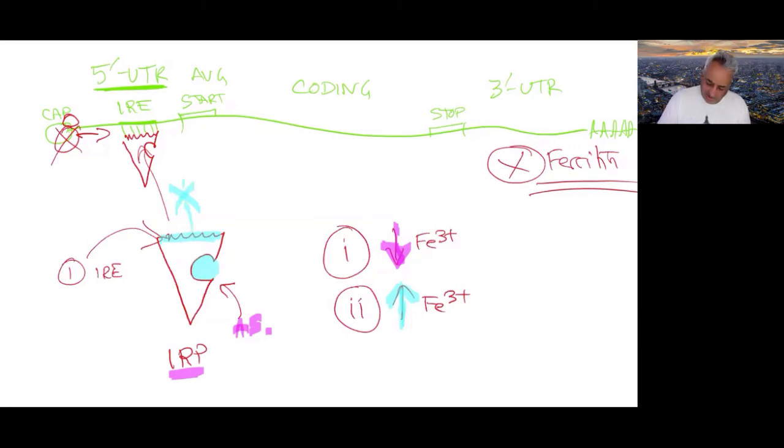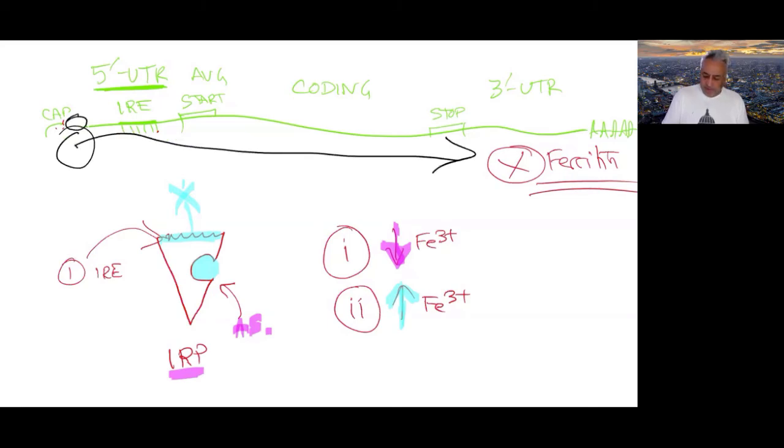So in this case, let's use the eraser to get rid of what we don't need. So in this case, we end up with this situation, okay? And because IRP is no longer bound to the IRE, the ribosome has free rein in now copying our messenger RNA into a polypeptide, and therefore ferritin will be produced.